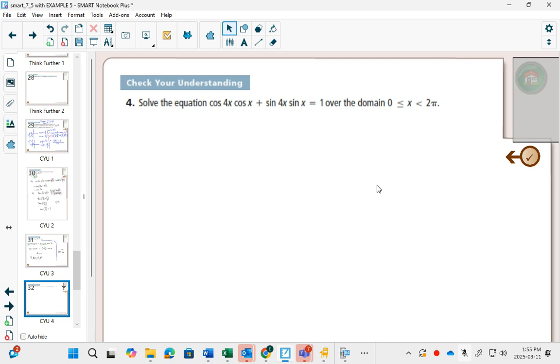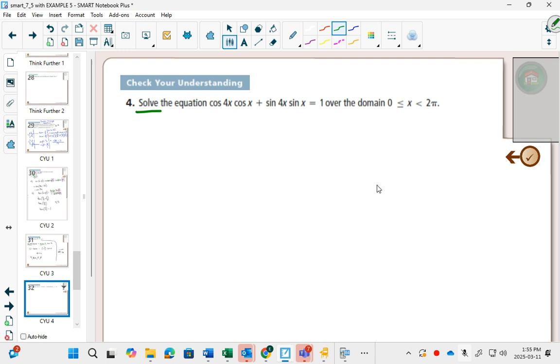My first reaction to the question: we see "solve," so it's not "prove." So we can do things to the equation, one side to the other. But here, again, it's important that you have that formula kind of memorized. I see cos plus sine.